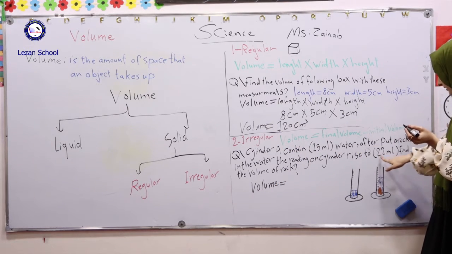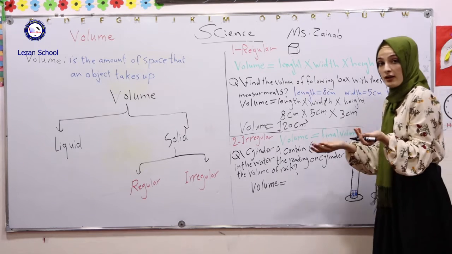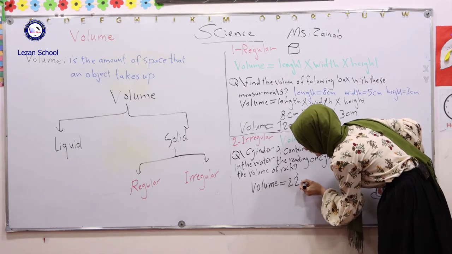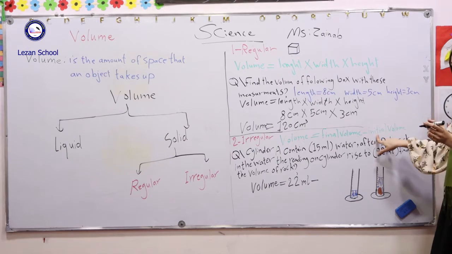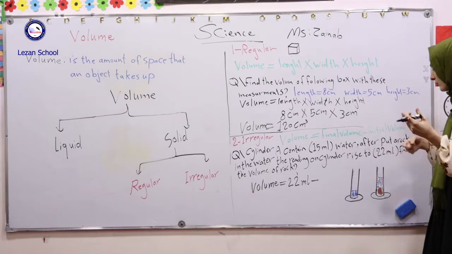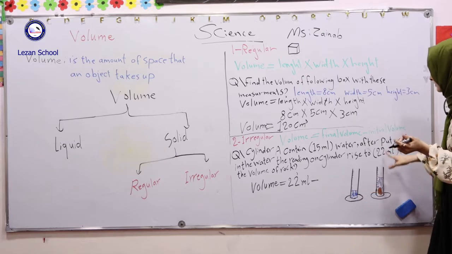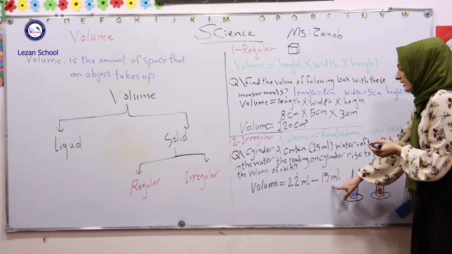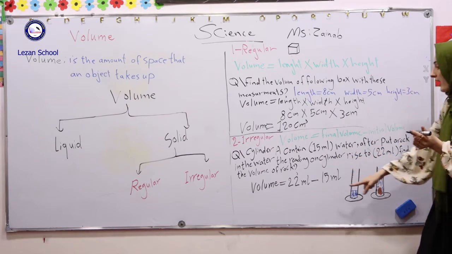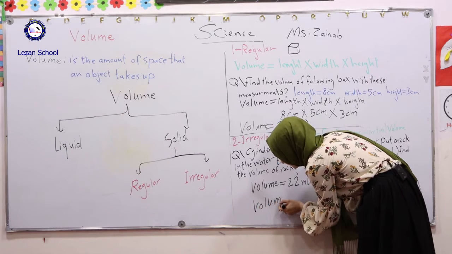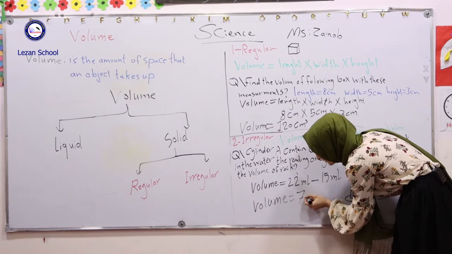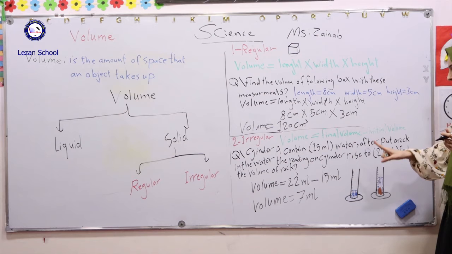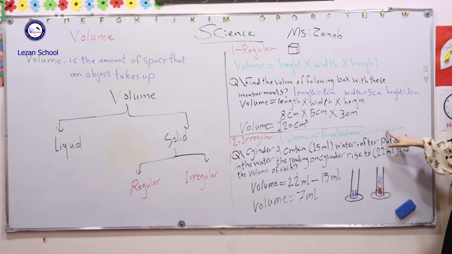Final volume means after you put the rock in the water, 22 milliliters, minus initial volume. Initial volume means before you put the rock in the water, we have 15 milliliters. After that, you can find the volume. We have 7 milliliters. This is the volume of the rock: final volume minus initial volume.